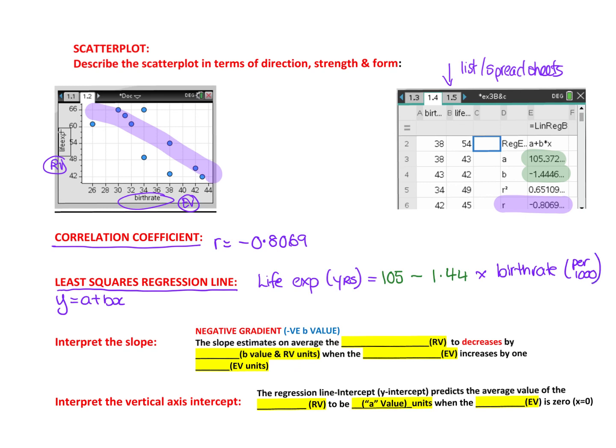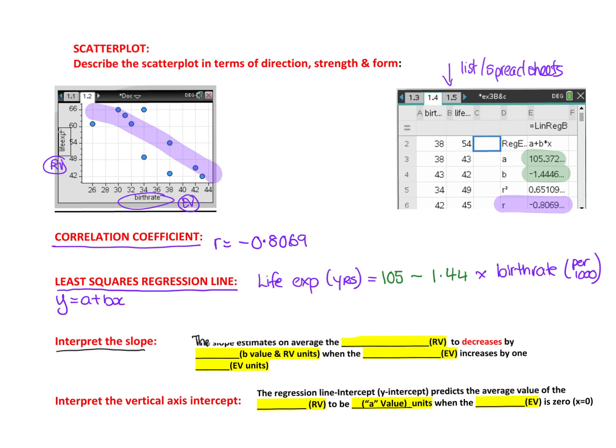So the next question asks us to interpret the slope. So if you go to your notes, you'll see we have the templates to interpret the slope. So I've gone to the negative one, obviously because it's a negative B value. Now we don't need to put that it's a negative, obviously that's the one you're picking, but you then write out the next statement.